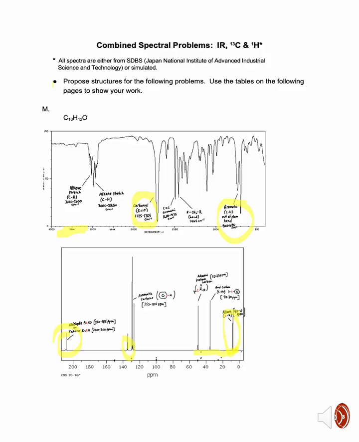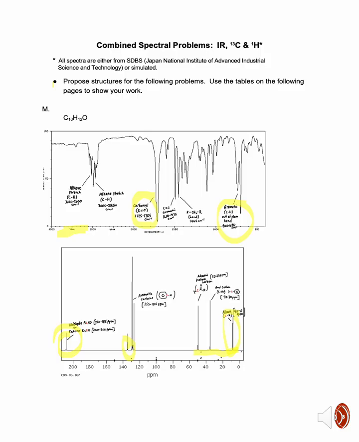Normally alcohol functional groups have a broad peak between the 3200 to the 3500 range. So this eliminates the possibility that our molecule is an alcohol. So the only functional groups left are aldehyde and ketone.